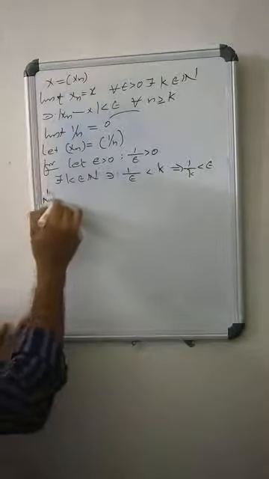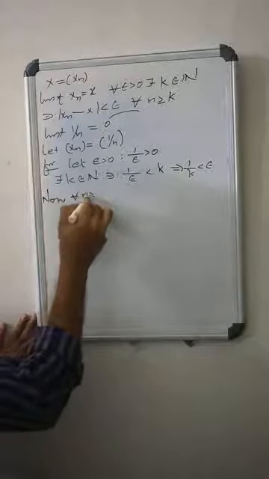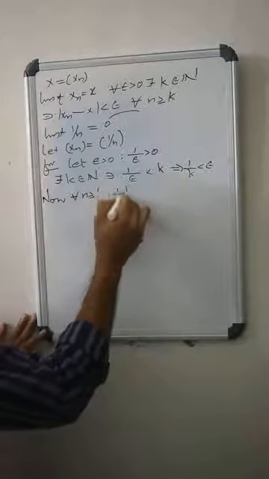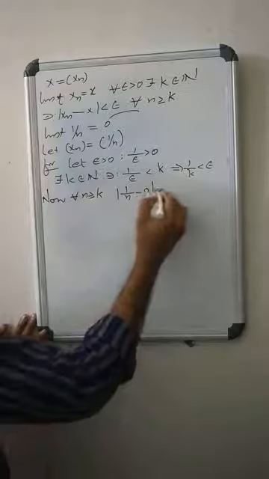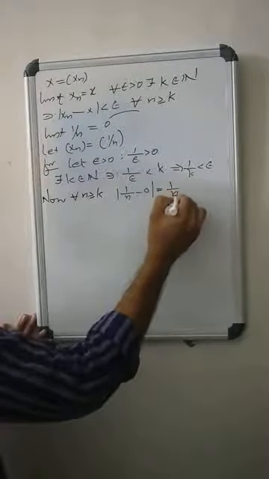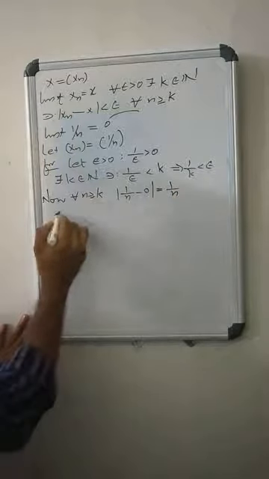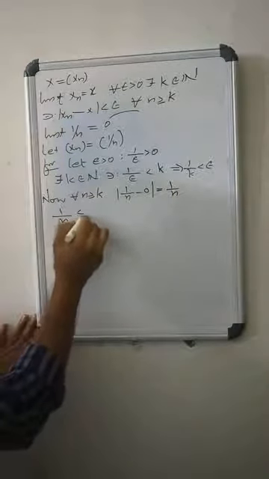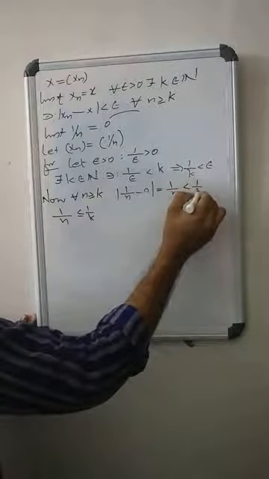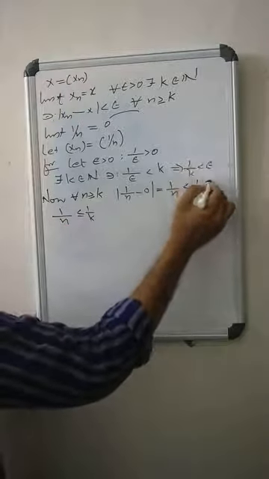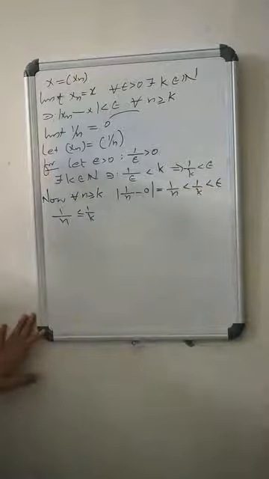Now, for all n greater than or equal to k, consider modulus of 1 by n minus 0. Modulus of 1 by n minus 0 equals 1 by n. But for all n greater than or equal to k, 1 by n is less than or equal to 1 by k. But what is 1 by k? 1 by k is less than epsilon.